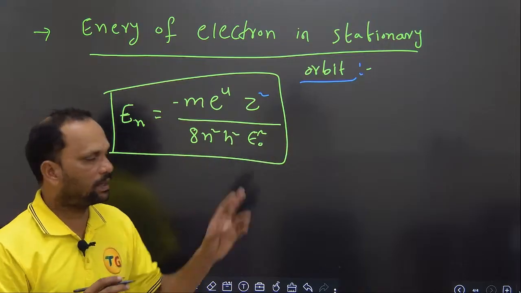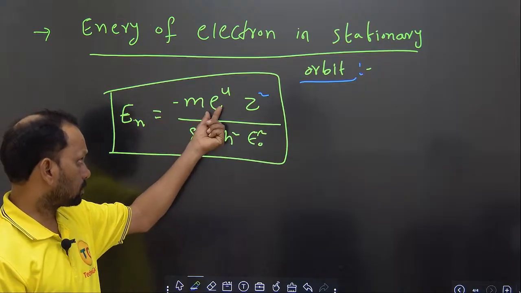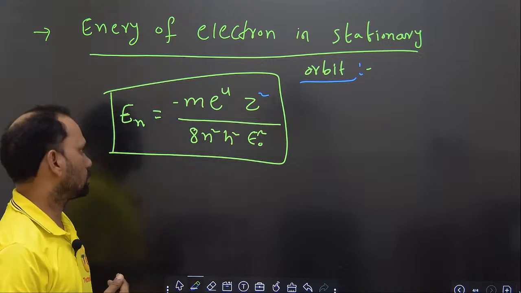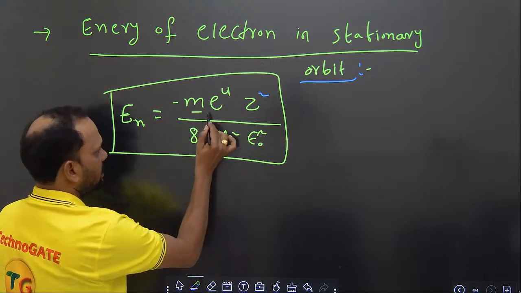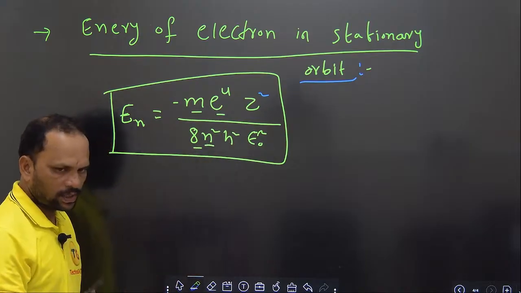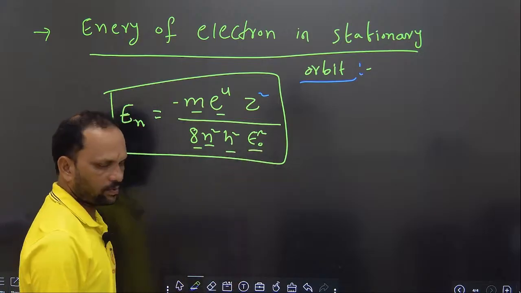Z is the atomic number, m is the mass of the electron, e is the charge of the electron, n is the principal quantum number, h is Planck's constant, and epsilon naught is the permittivity.